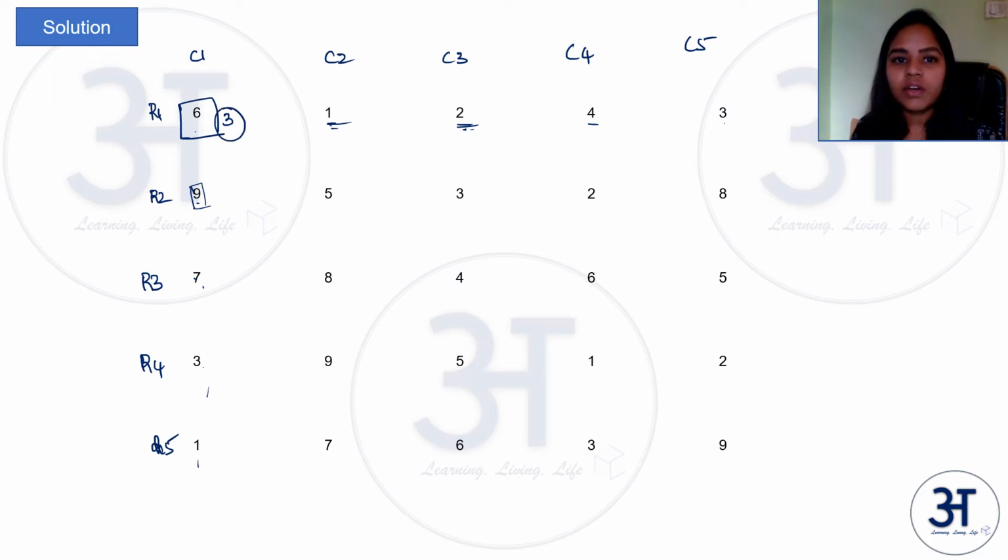Let's come to row 1 column 2. How many can reach 1? Someone can reach 1 only if their value is less than 1. So no one can reach 1. Coming to 2, someone can reach 2 only if their value is less than 2.